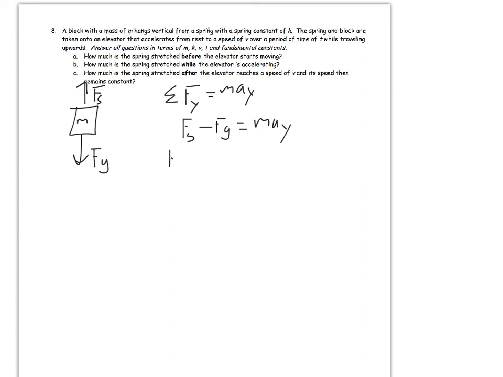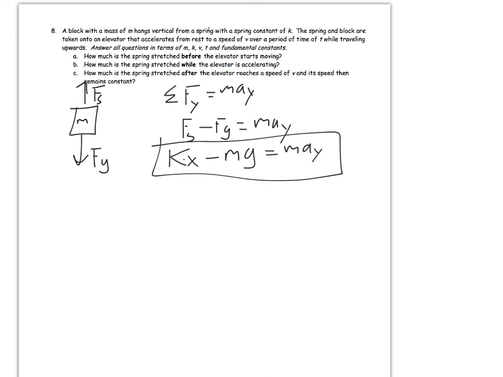I know that it's always equal to kx. That's Hooke's law there. And Fg is always equal to mg. So that's always going to be equal to may. So this equation is going to be true always. What might change, though, is our acceleration, and therefore what's also going to change is how much that spring is stretched or compressed.